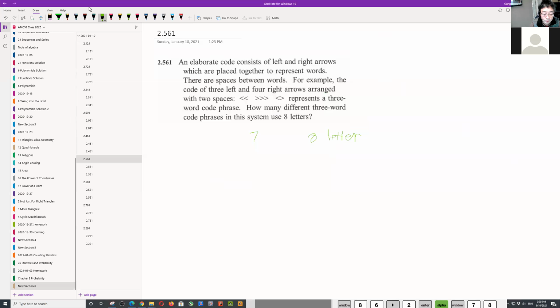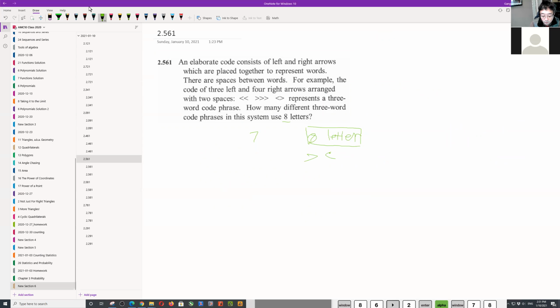How many different 3-word code phrases use 8 letters? Those 8 letters obviously don't tell you which letter is which, because each position could be the left arrow or the right arrow.